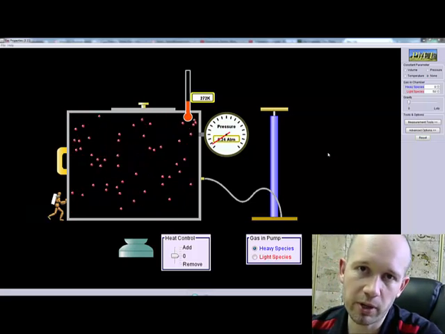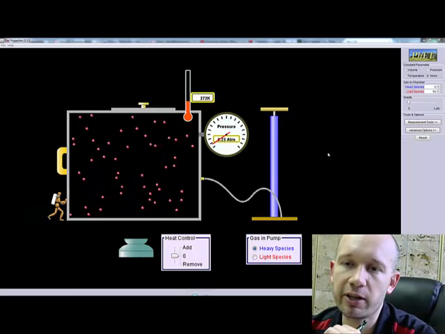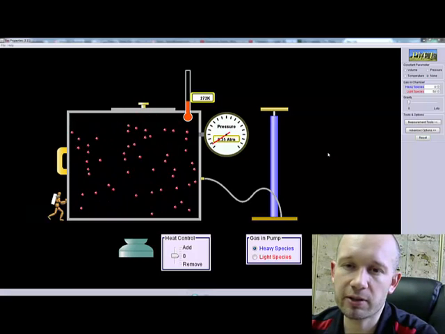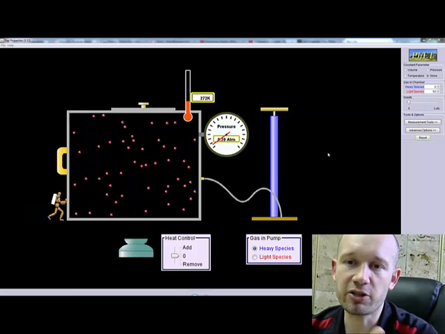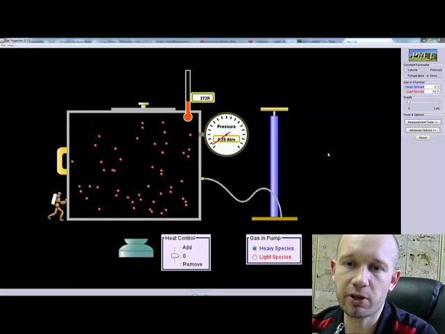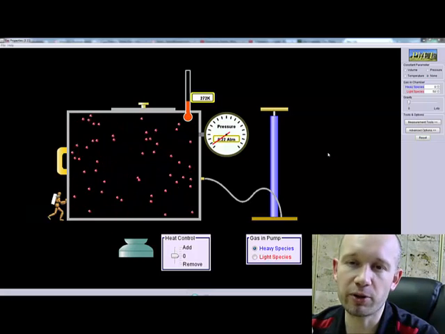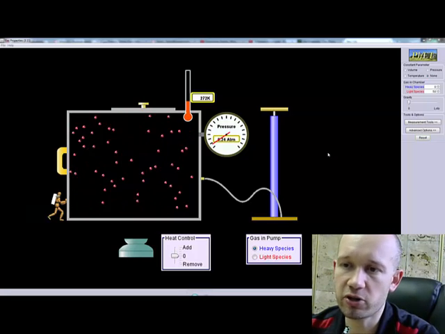So there's a certain range of the pressures, because with this number of molecules inside, the number of collisions at any given moment slightly changes, because there are moments when probably none of the molecules are actually hitting the sides of the container, and so the pressure changes slightly.